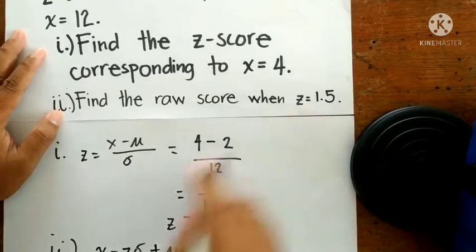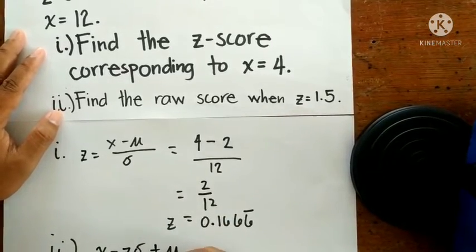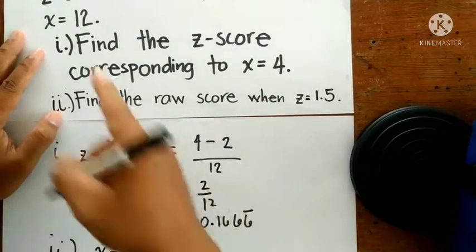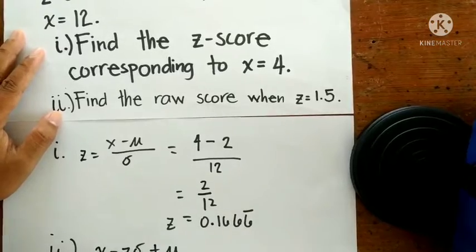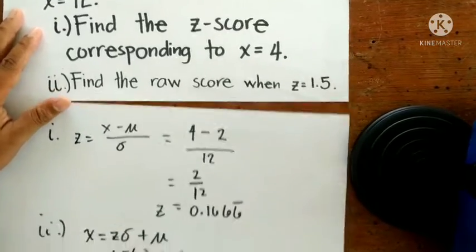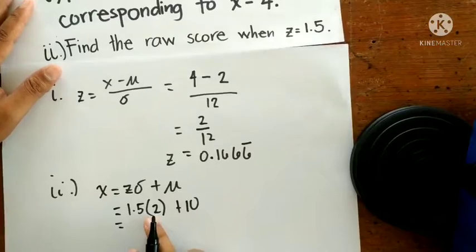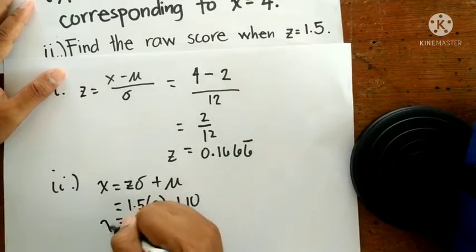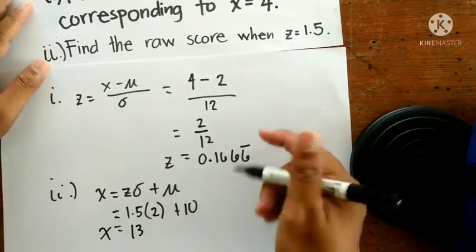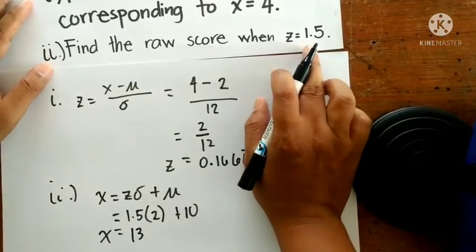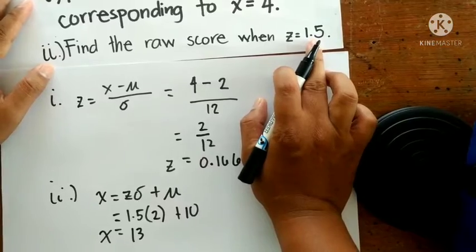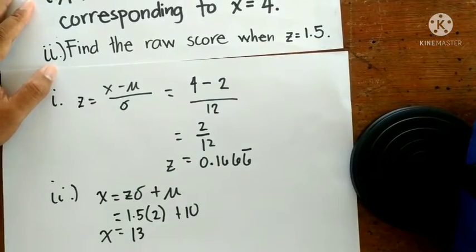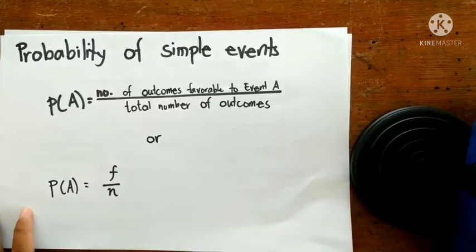So our z is 1.5 and our standard deviation is 2, plus 10. So 1.5 times 2 is 3, plus 10, so that will be 13. Which means when there is a deviation of 1.5 from the mean, the score would be 13.